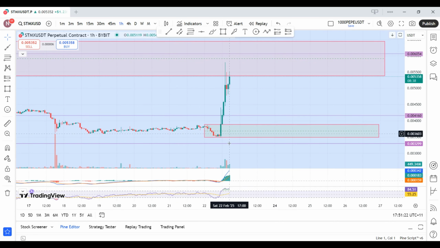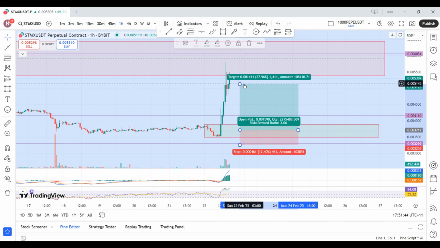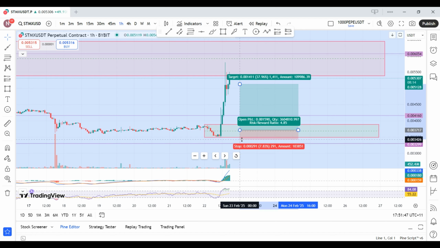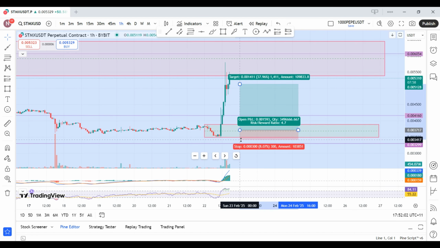Because you believe that the price will come down eventually to touch this midline or front run it a little bit, you wait for the price to come down and then it will trigger your order. This is what people would usually do. The price comes down, triggers this long order, which means that I believe the price is going to go up from here. The stop loss is usually set a bit below the demand zone.